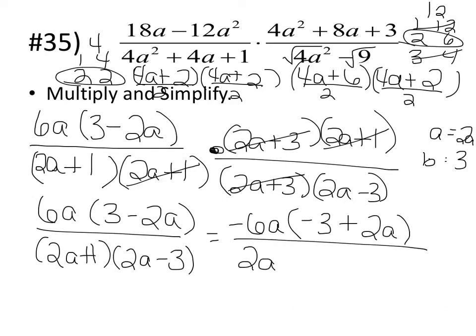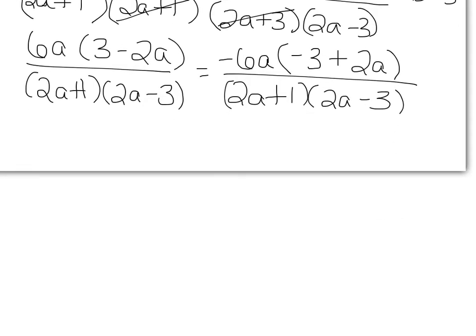And then down here I have 2a plus 1 times 2a minus 3. And then if I just want to rewrite this one here in a different order, you can do negative 6a, and remember, just keep your 2a positive and your 3 negative. So it's 2a minus 3.